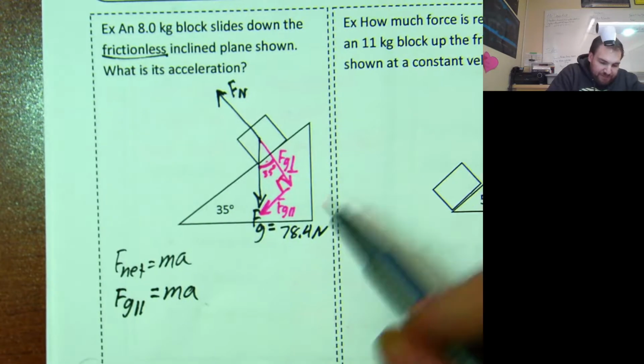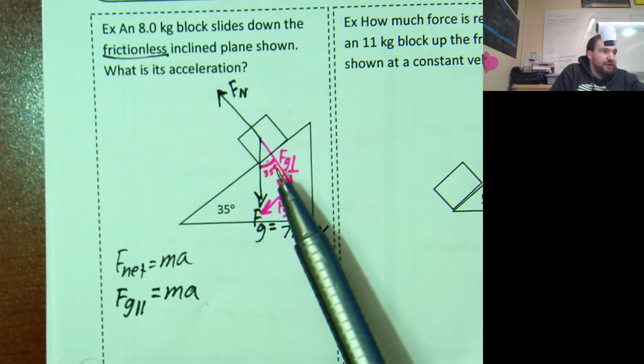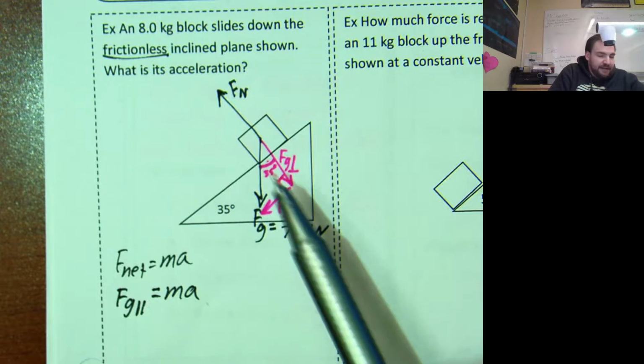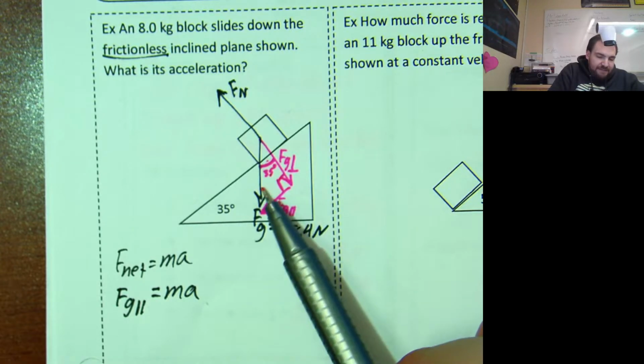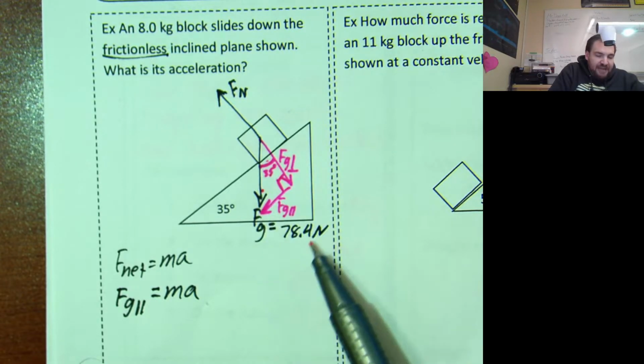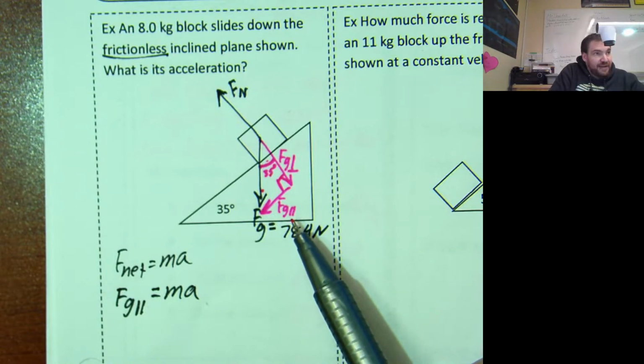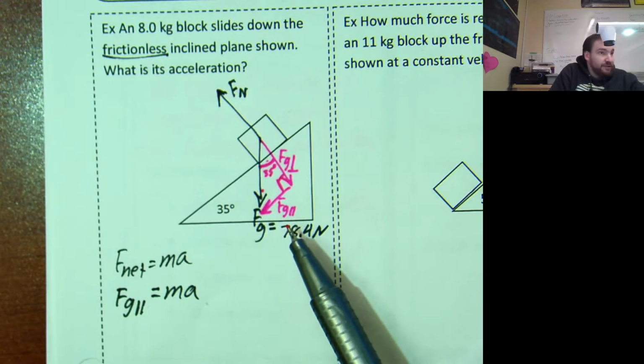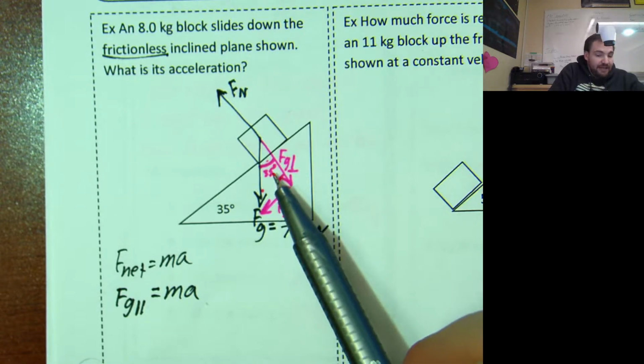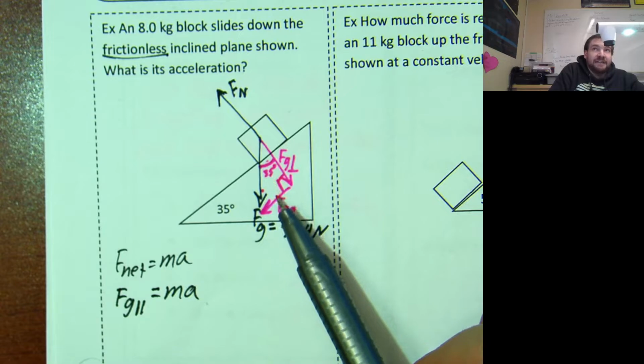So now I need to find FG parallel. Well, this is a right angle triangle. This should be something you're able to solve relatively easily. If that's 35 degrees, my FG is my hypotenuse. How do I find FG parallel? Which sine, cos, or tan ratio do I need to use? That's my angle, and I want the side that is opposite.